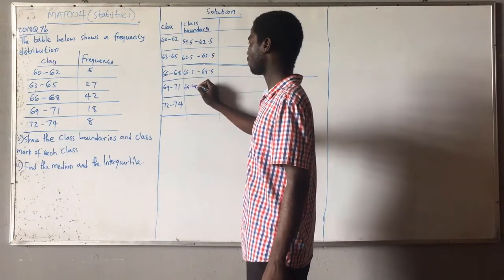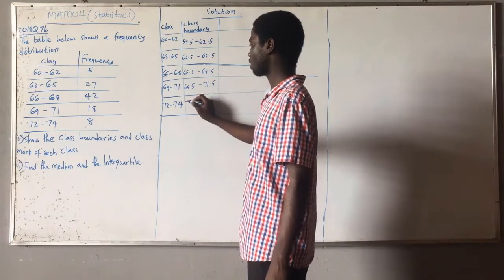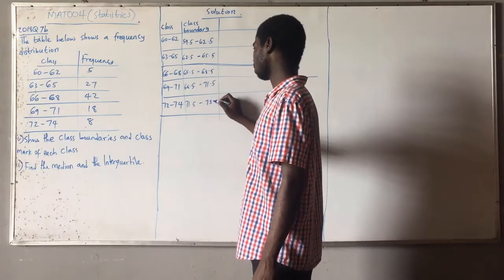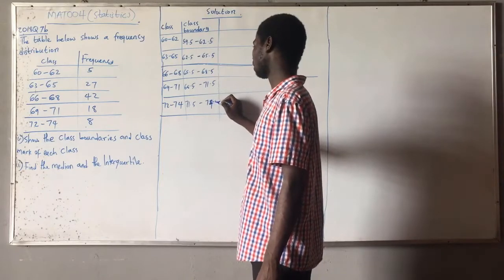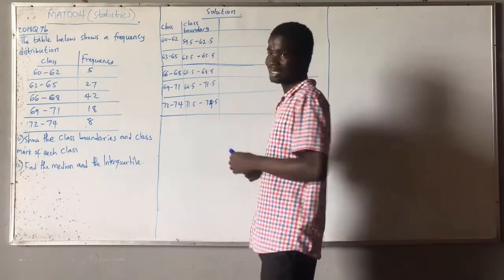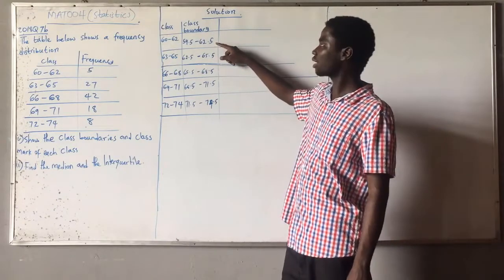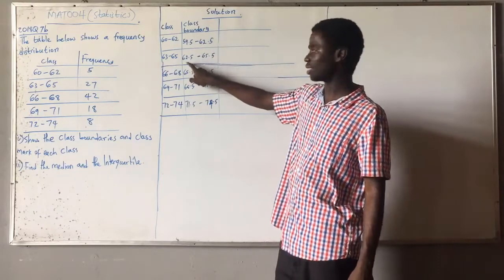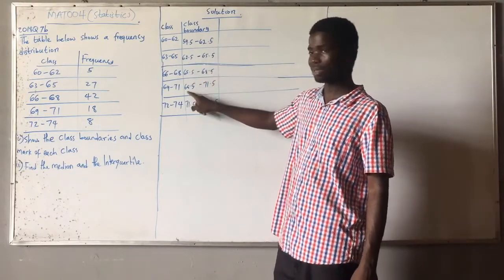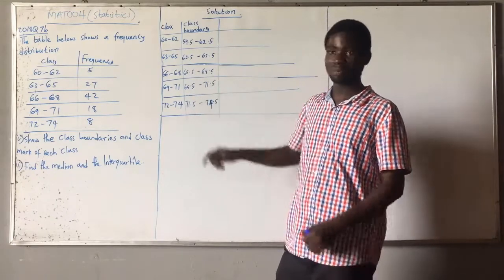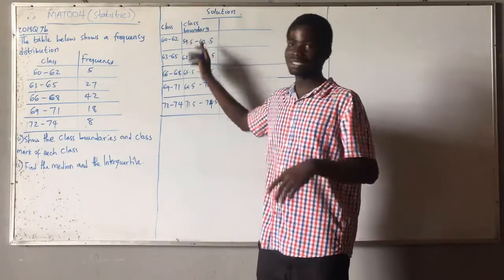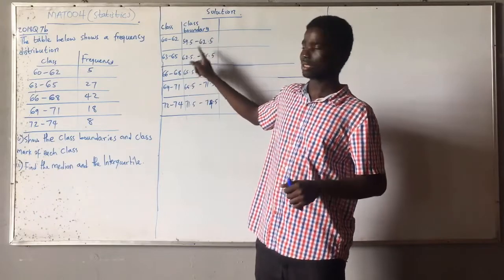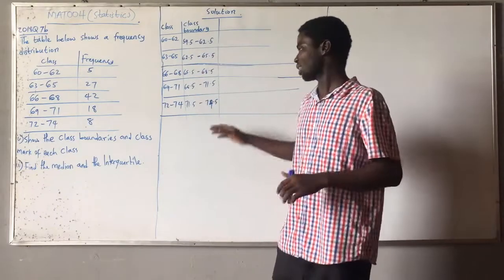You have 68.5 to 71.5, 71.5 to 74.5. Now mind you, the upper class boundary of the previous class must be equal to the lower boundary of the next: 62.5, 65.5, 71.5. If they are not equal, then you've not gotten your class boundary correctly. Where one ends and where the next starts must be the same. That is for class boundary.